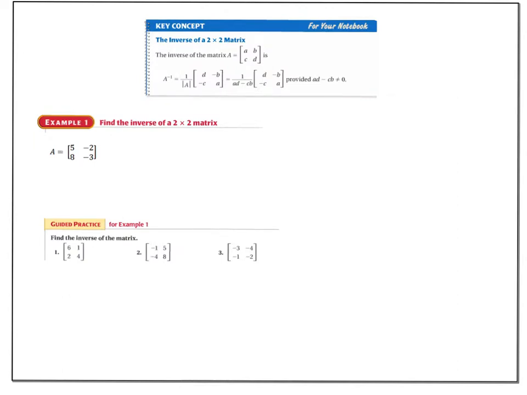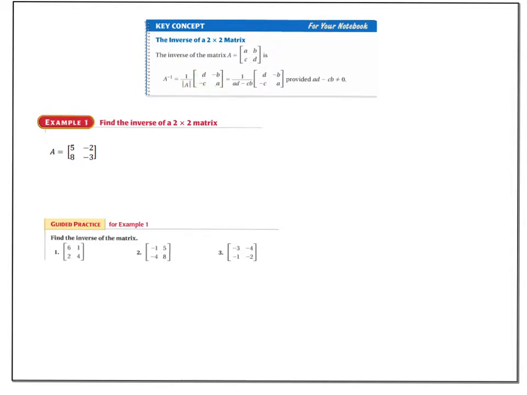Okay, so let's dig in at what the inverse formula looks like. If you're given a matrix A with elements a, b, c, and d, you find the inverse by taking 1 over the determinant of that matrix A, and then you follow this rule here. Look at what it's doing. It's taking a and d and they're swapping positions. So now d is in the first row, first column, and a is in the second row, second column.